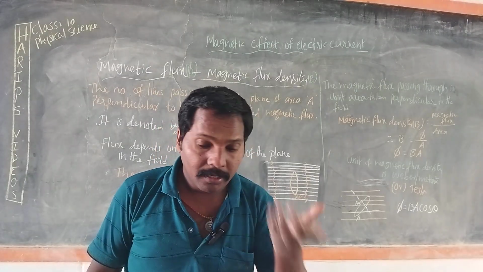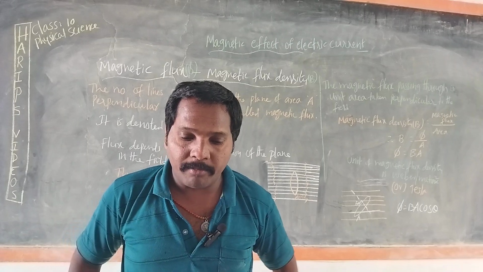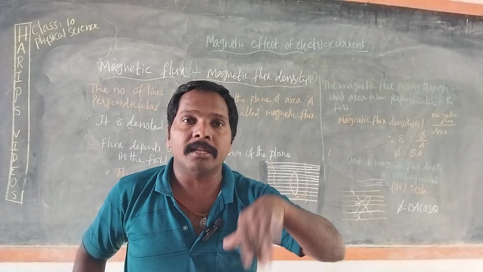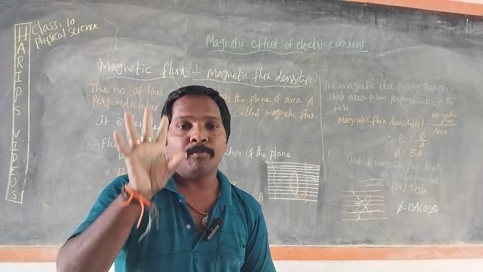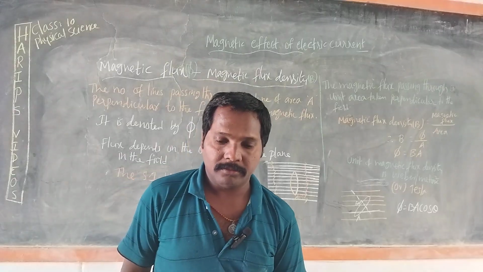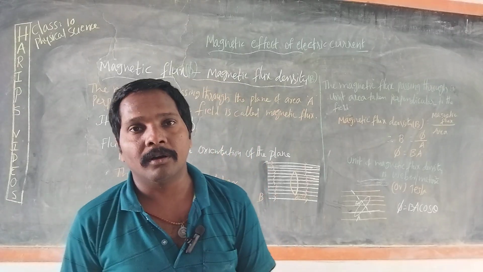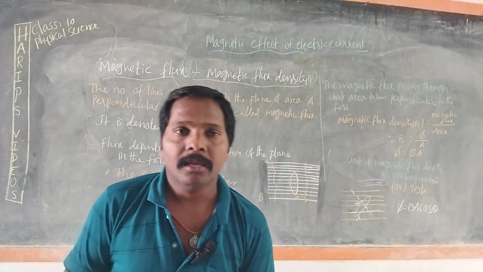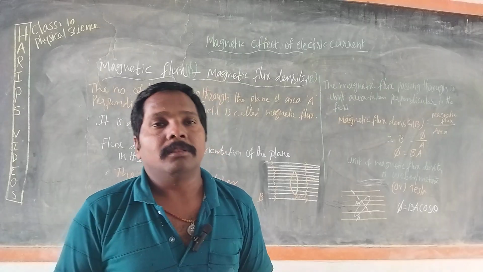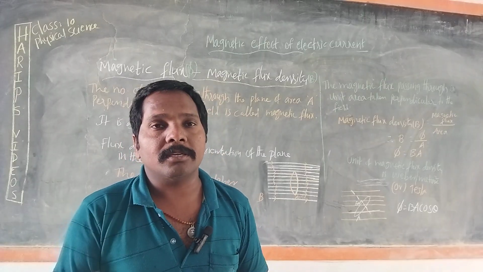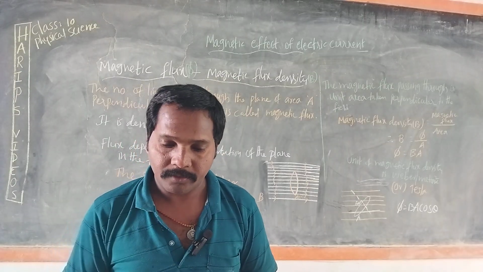The south pole of the Earth's magnet is in the geographical north, and the north pole of the Earth is geographically south. Remember that.